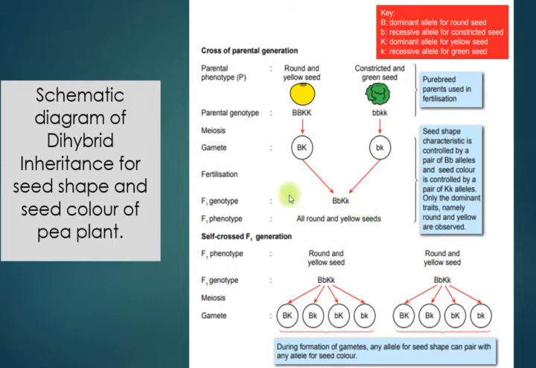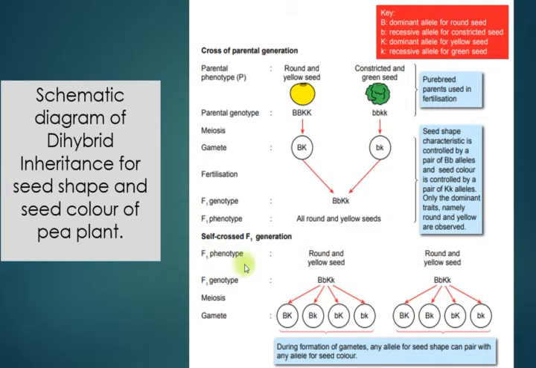Alright, and then after that, what happened? Self-cross of the F1 generation occurs. So the offspring of the F1 generation are self-crossed, crossed with each other. Here you have to write self-cross F1 generation, and then the F1 phenotype, the first filial generation phenotype.